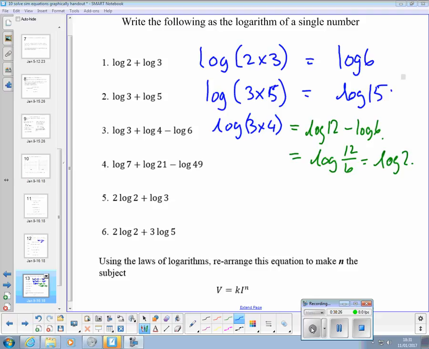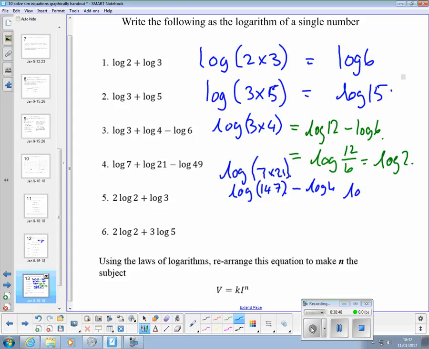Result of the first bit is log of 7 times 21, log 147. We've got to take away from that the log of 49.